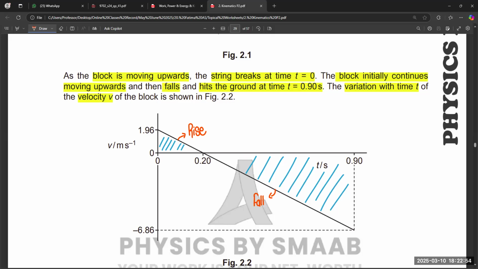You can see this is 0.2, and at 0.2 the speed decreases to 0. Initially it starts from the maximum, then decreases to 0 at 0.2 seconds. So it must be a decreasing curve because the speed is decreasing. If the speed were constant, we could make a straight line showing that distance changes at an equal rate with time, right? So that's why we draw a curved line.